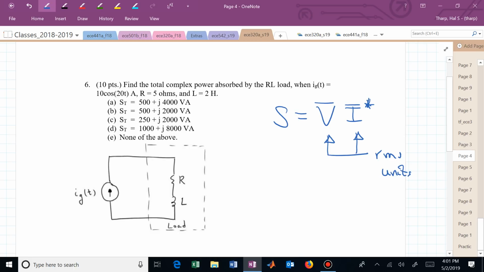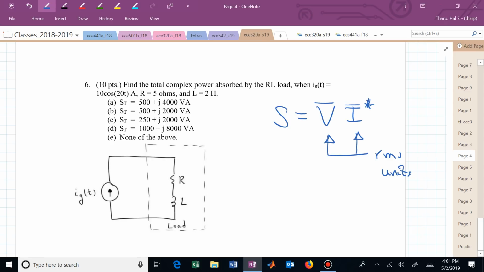So S, the complex power, is V I star, where V and I are phasors, and they have their magnitudes written in terms of RMS units. If it wasn't in RMS, it would be 1/2 V max I max star. But I think it's easier to forget the 1/2 and just say, let's convert everything into RMS units.